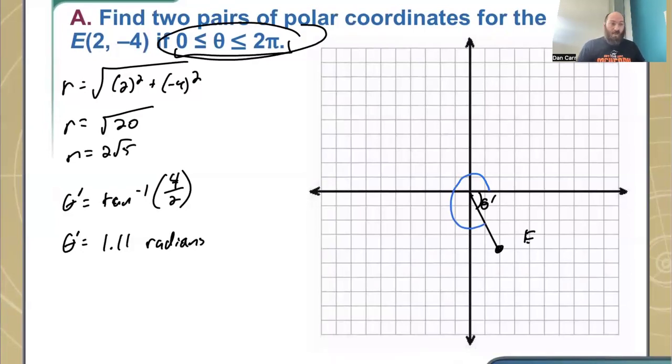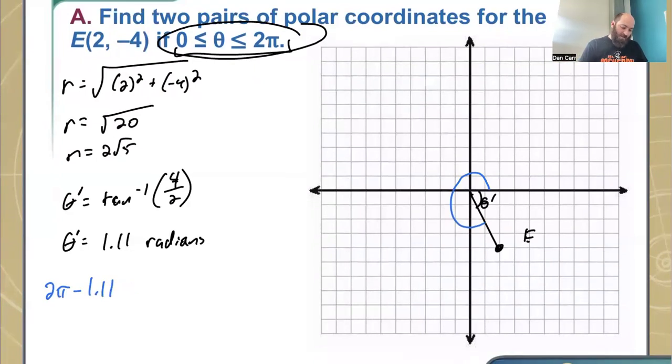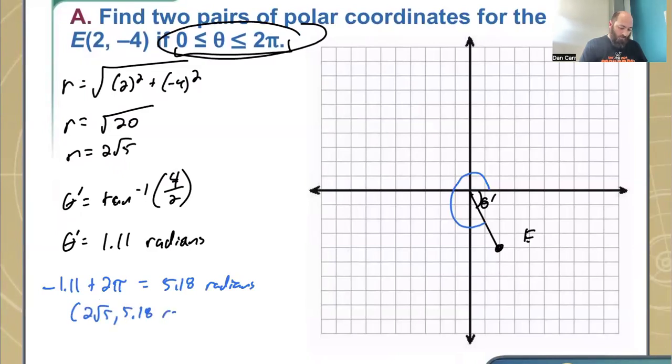I'm taking negative 1.11 radians and adding 2 pi radians to get my coterminal angle. That comes out to 5.18 radians. So I have my first polar coordinate: 2 root 5 and then 5.18 radians.